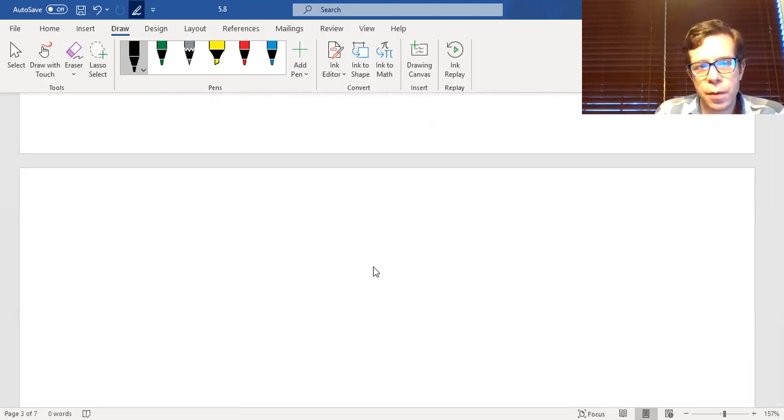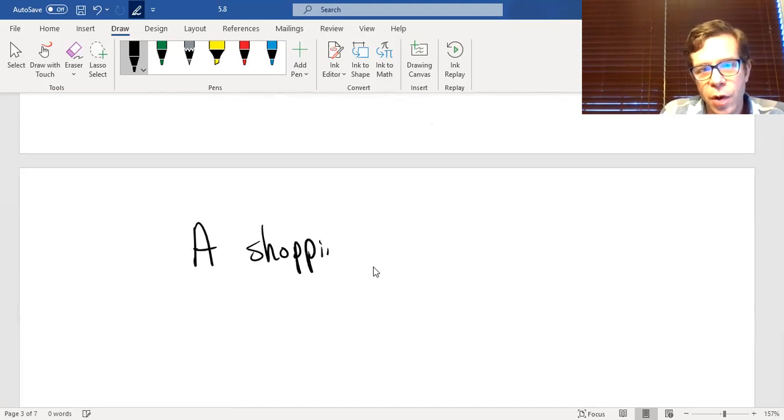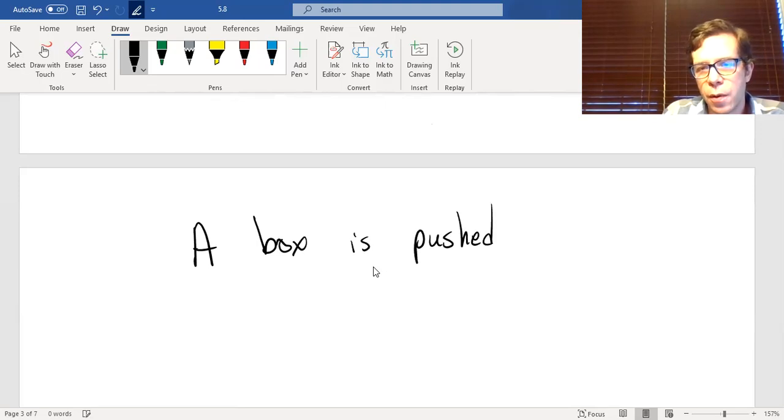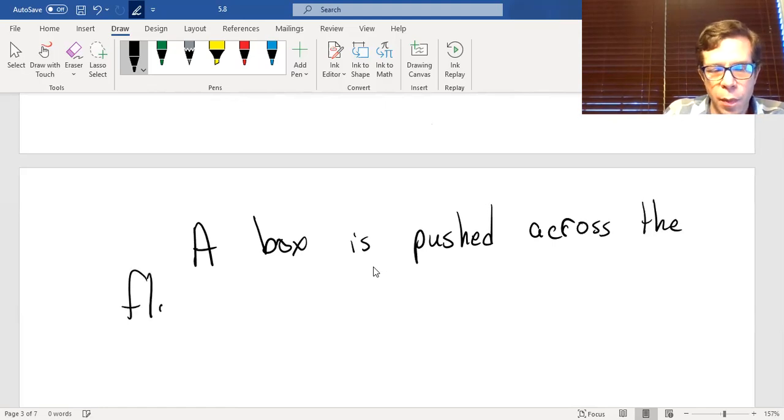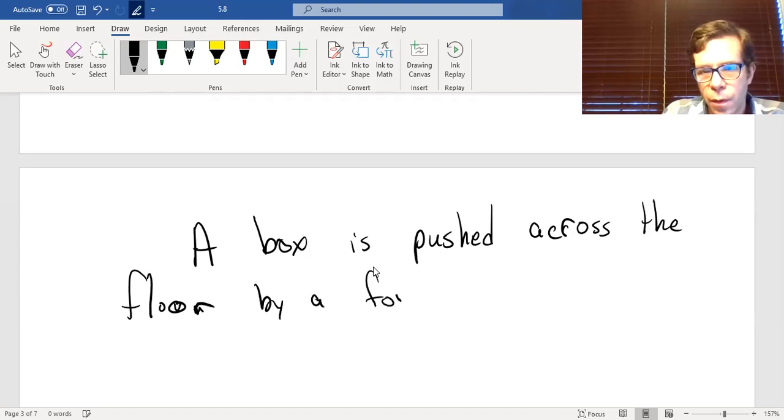So in this one, let's look at our shopping cart example again. A shopping cart, it has wheels. I don't want to do something like that. Let's just say a box. A box is pushed across the floor by a force of 25 newtons at a constant speed.